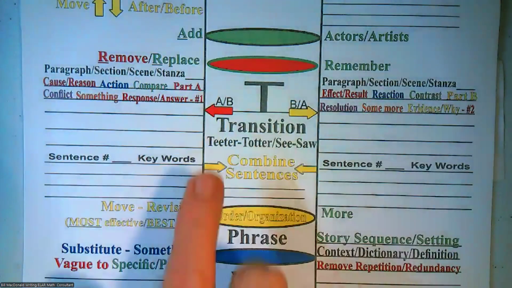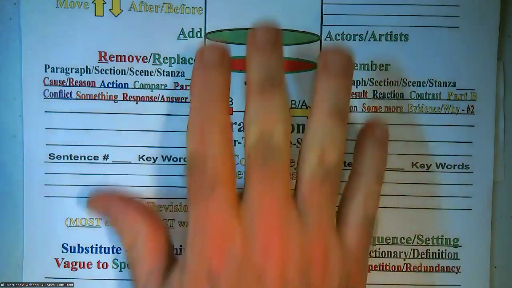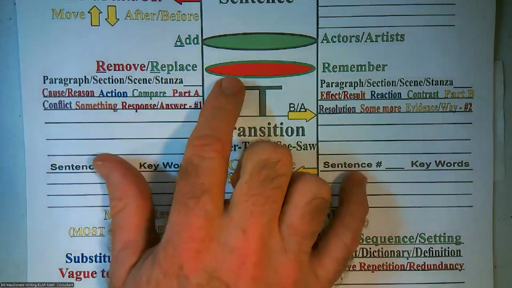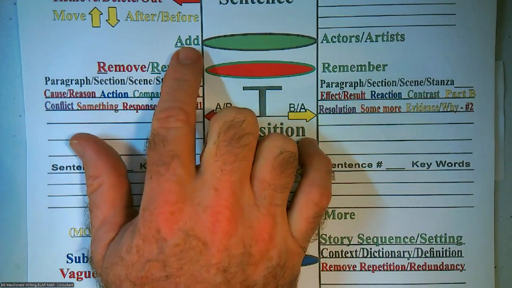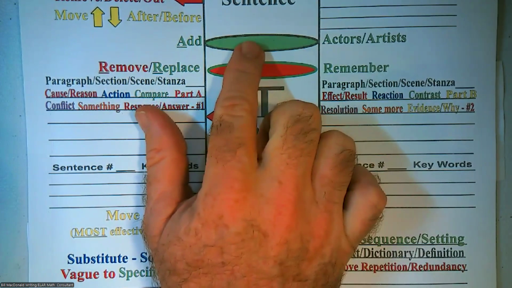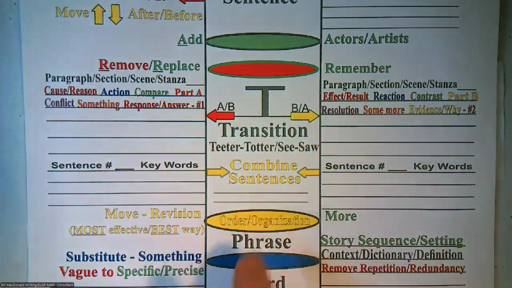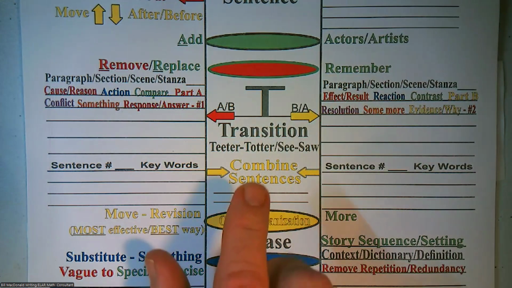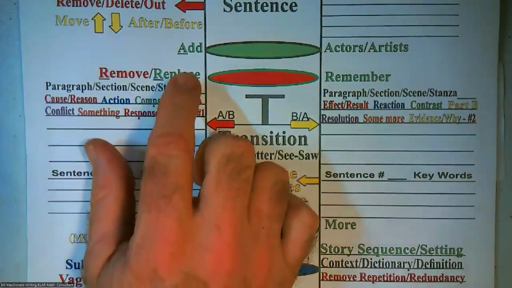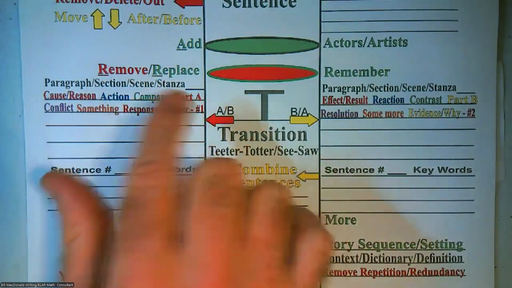And so I have my arm here. ARM typically in most schools across the US stands for add, but I use green, a bracelet, to put something in: a word, a phrase, a transition, a sentence, an effect, a cause.